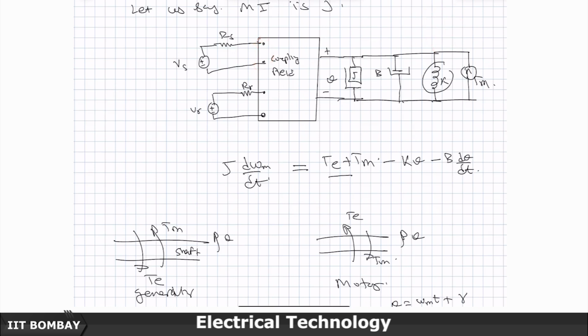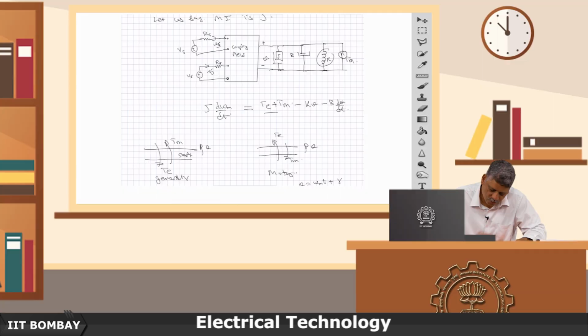Similarly, you will have Vr when you apply, it pushes a current Ir. This in turn will create a drop of Rr into Ir, and then whatever is left here is going to correspond with respect to d lambda r by dt.